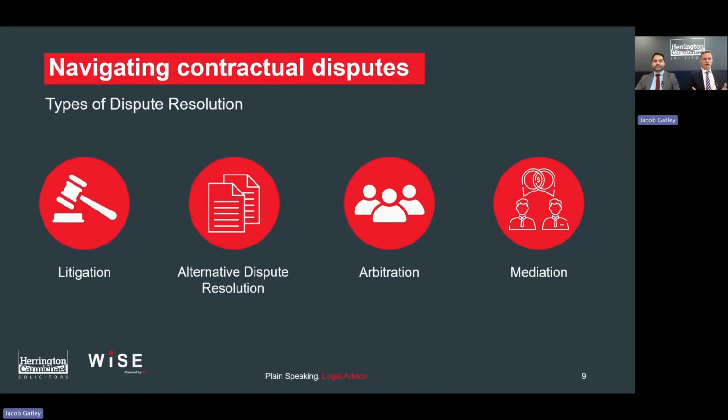Particularly if you end up in the county court, you can sometimes find yourself before a family lawyer, and if you're dealing with a business dispute, actually sometimes they get it right, but there is scope for an issue. Do you need someone who understands businesses to resolve that? If you've got a property issue, do you want a surveyor involved? If it's an accountancy issue, do you want an accountant?